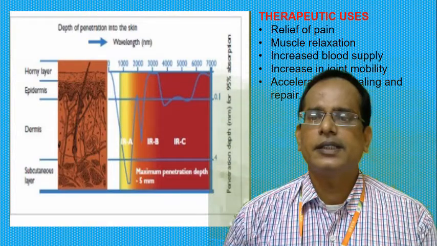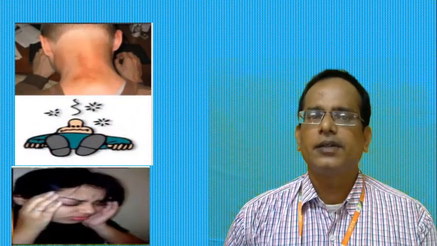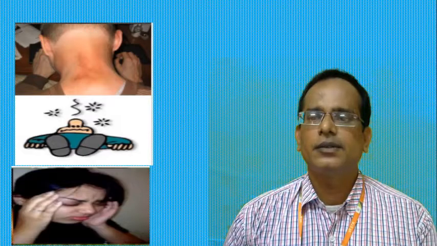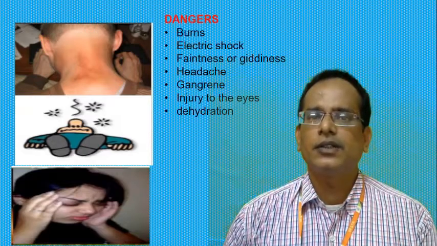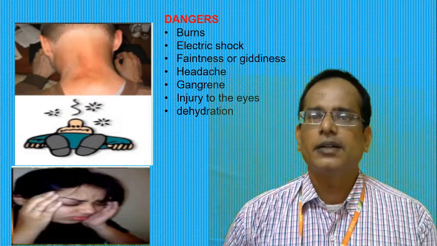Next we are going to see what are the dangers to the patients. First one is burns, you are seeing in diagram 1, electric shock in diagram 2, and faintness or giddiness and headache in diagram 3.